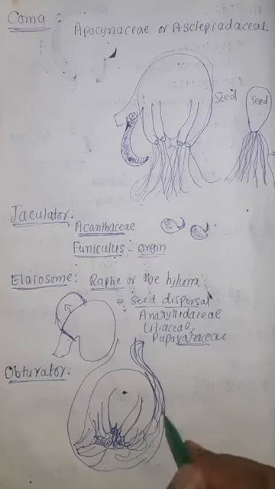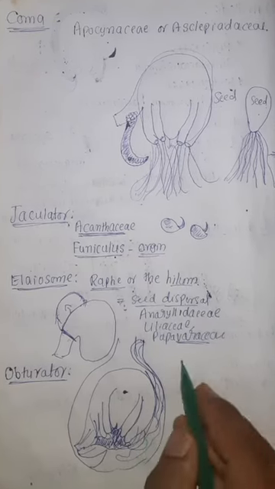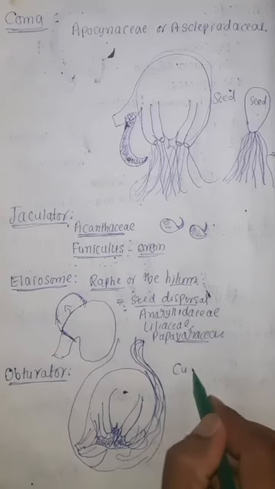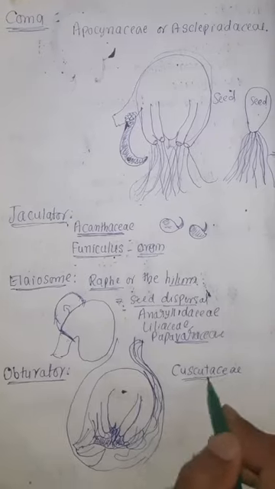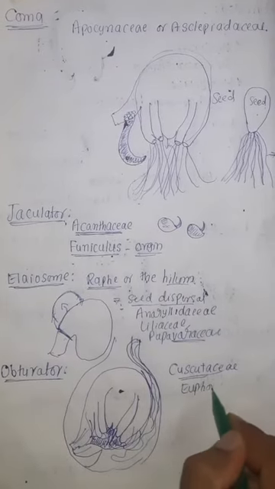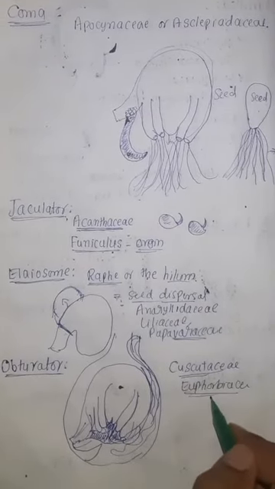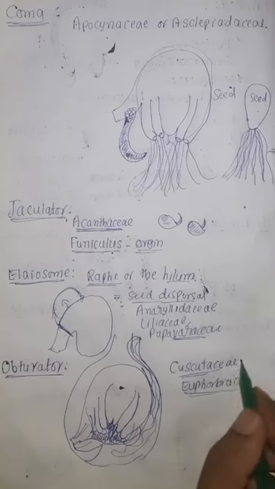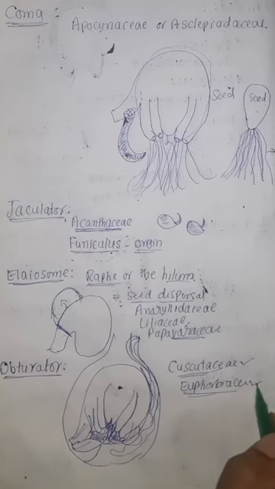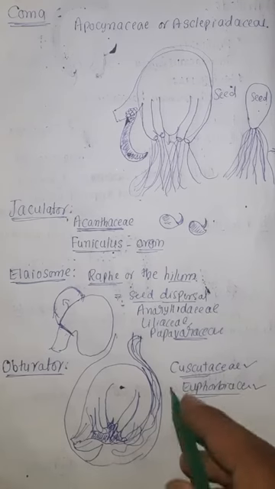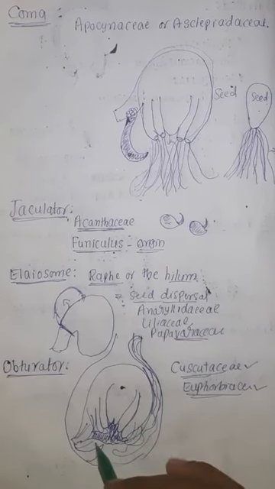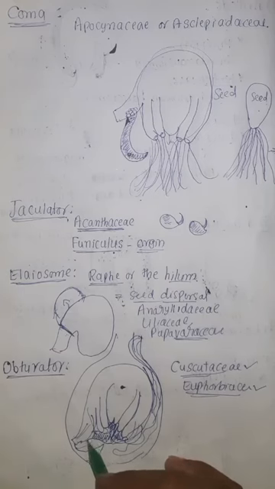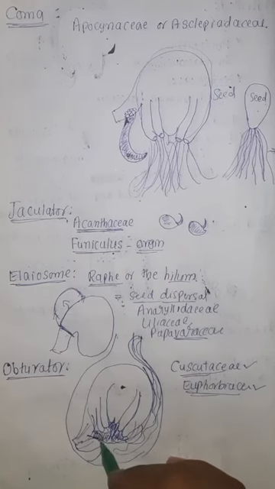That's why it is believed that this structure is useful to direct the pollen tube. For example, we can see the obturator in the families Cuscutaceae and Euphorbiaceae. Here the important thing is where it originates. First point: it usually originates from the funicle.